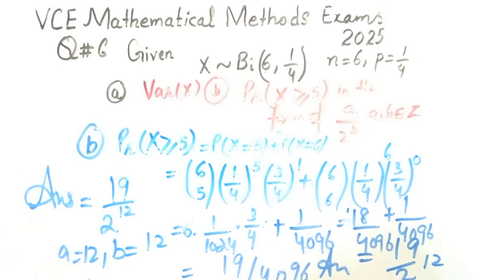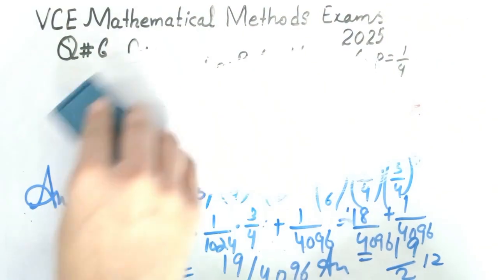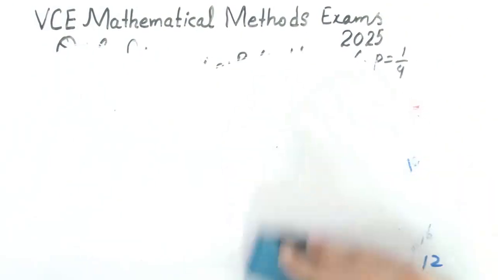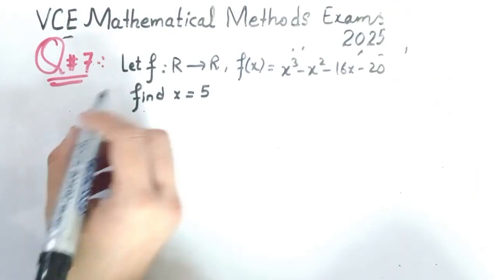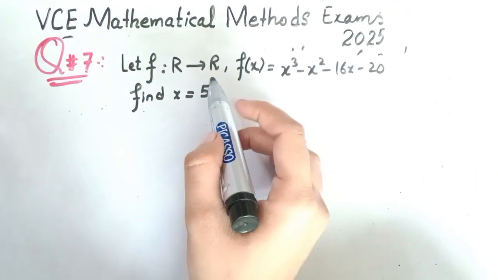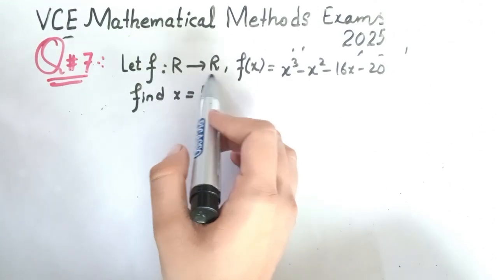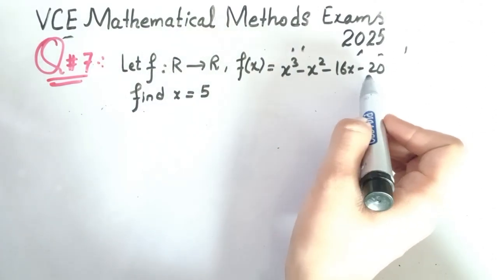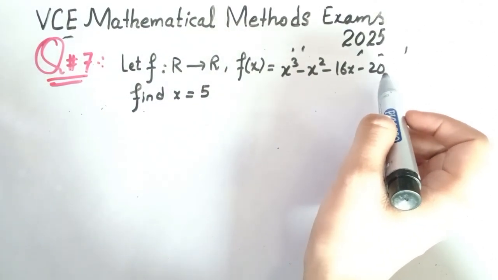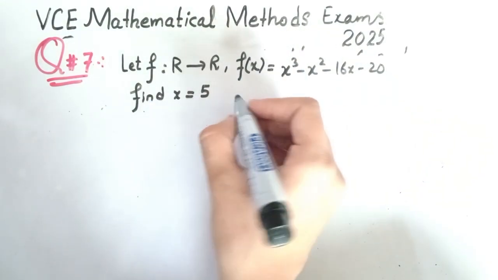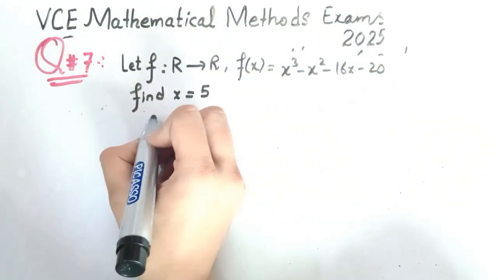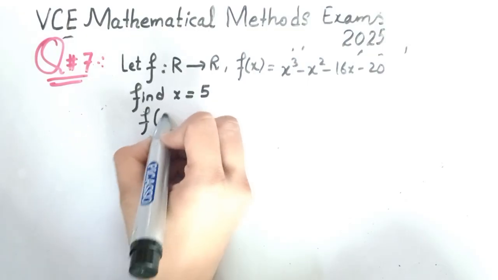Now we will start question number 7. Here f goes from R to R, and f of x is given as x cube minus x square minus 16x minus 20. You have to find the value at x equals 5. So how will we start this? We substitute the value, f of 5.